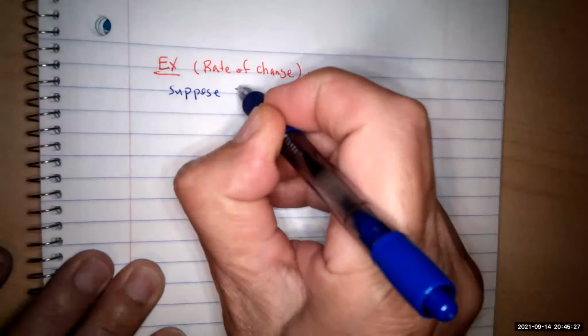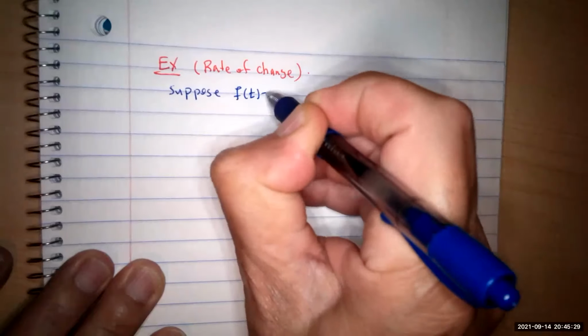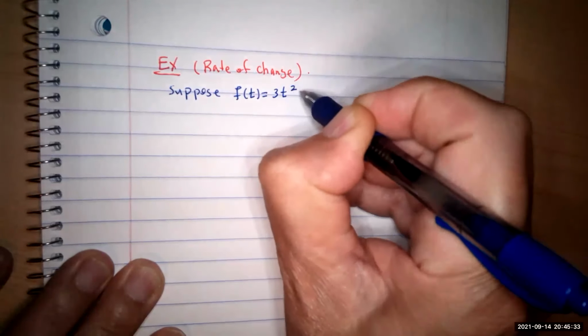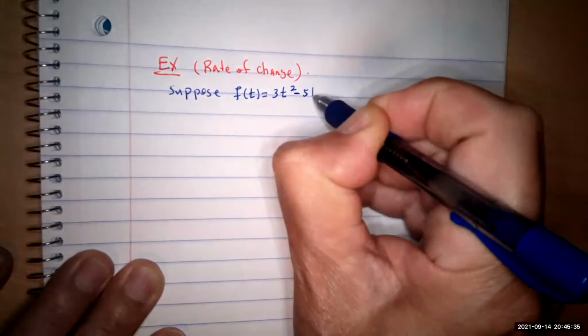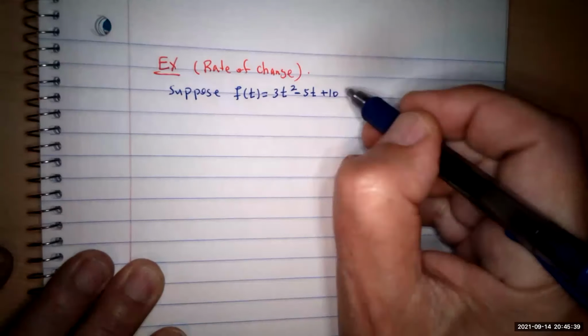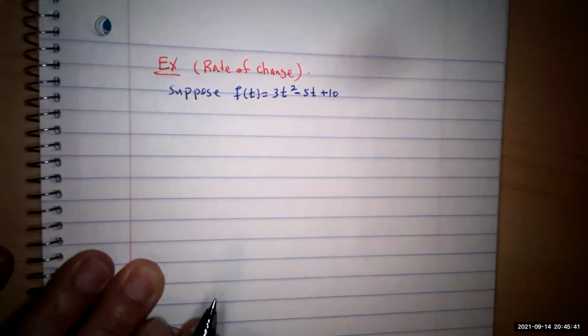Okay, that's it. Suppose f of t is equal to 3t squared minus 5t plus 10. So this is going to be the position. Remember, we talked about you driving on the freeway, and this is going to be your position.